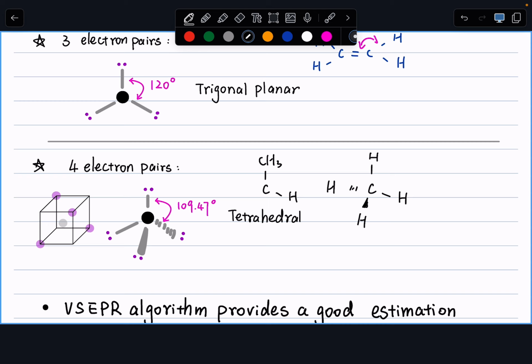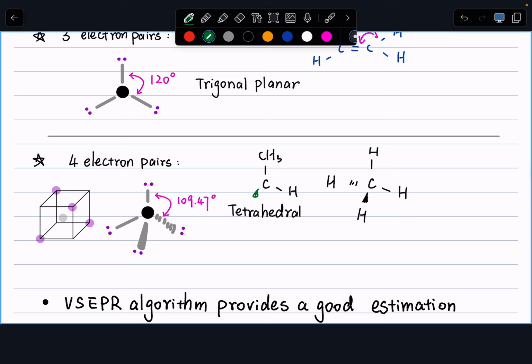Then you look at this green one, it's pointing towards you, so we want to draw that green one as a wedge. So we do it like this, the green ball, and then the red ball as a dash. It's pointing away from you, the red ball. It will become more useful, especially when we start talking about chirality.